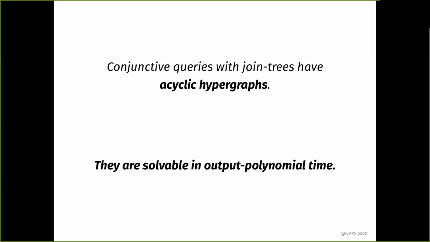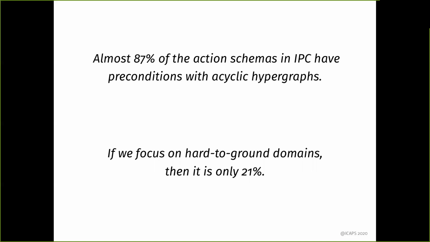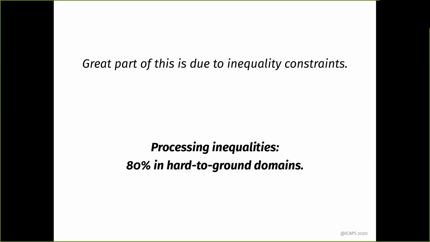And how often does this happen in action schemas of planning tasks? So we checked in an IPC domain, and 87% of the preconditions would have corresponding hypergraphs that are acyclic, which is good. They can be evaluated very efficiently in a given state. However, if you restrict only to hard-to-ground domains, then this number drops to 21%. And most of this is because of what I call inequality constraints.